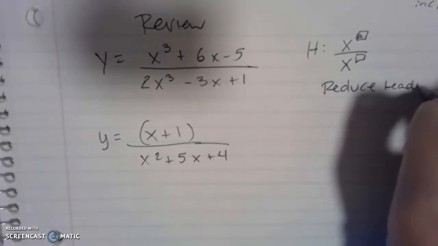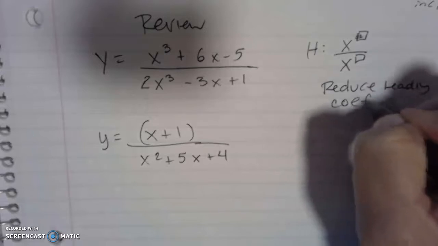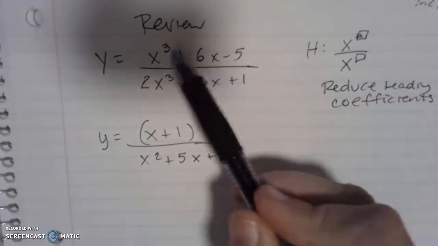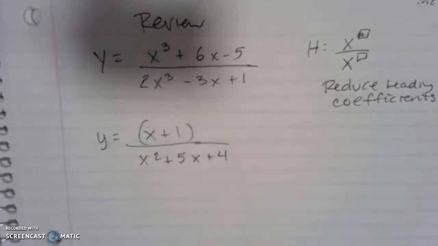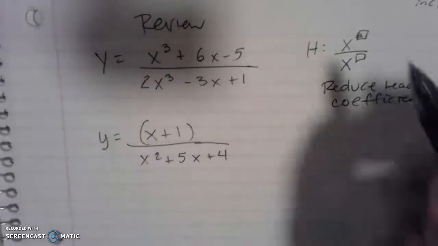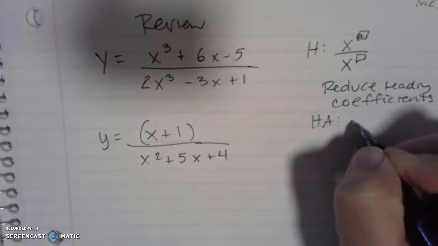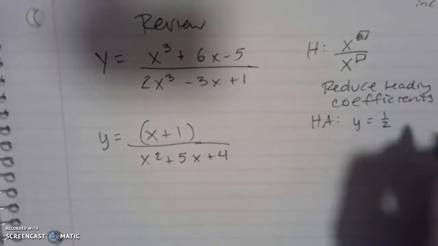In this example, the horizontal asymptote would be 1/2, right? So the horizontal asymptote is y equals 1/2.